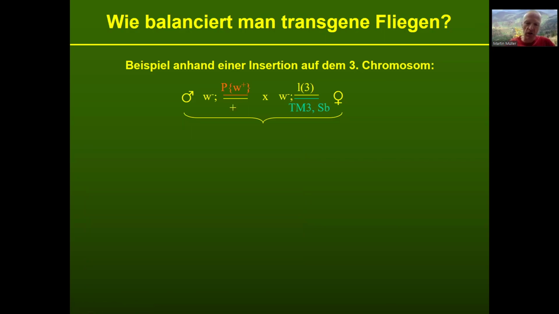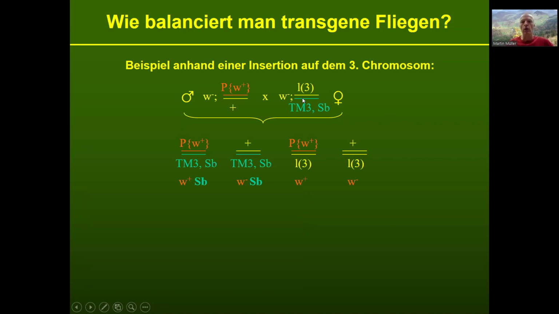And the idea is to make a stock where this chromosome, the red chromosome, is present and the blue chromosome is present. If you cross these, according to Mendelian genetics, you get these kinds of genotypes. Here: blue, red, yellow, blue, blue, yellow, yellow, yellow.